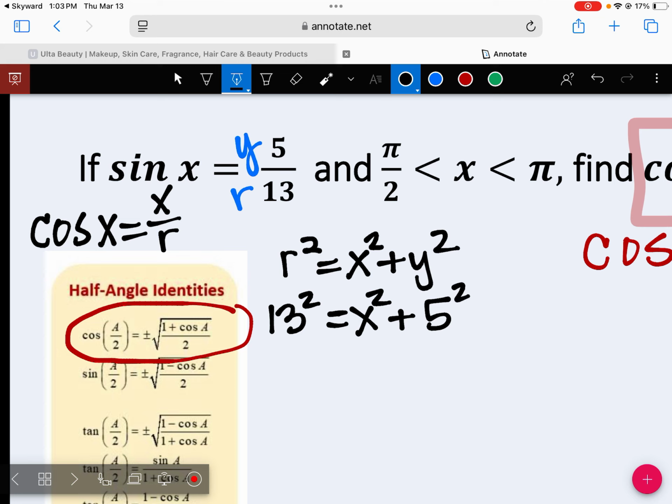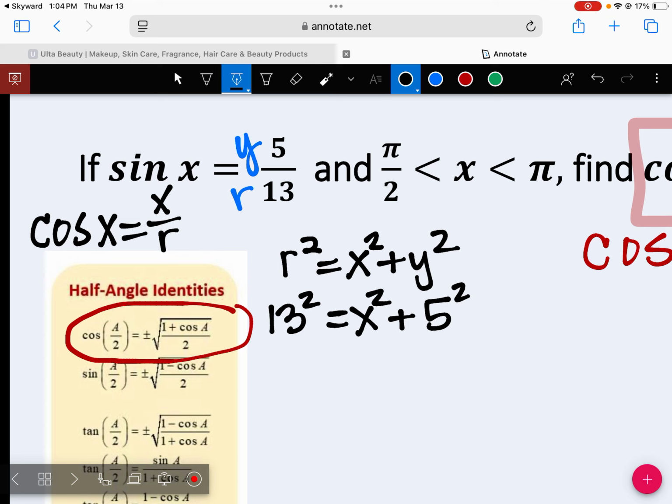At this point, you may recognize what x is, because this is what we call a Pythagorean triple. I'm just curious, hands up if you know what x is going to be. Okay, good. If you know it, by all means, you do not have to follow these steps. But if you don't know it, then you do.